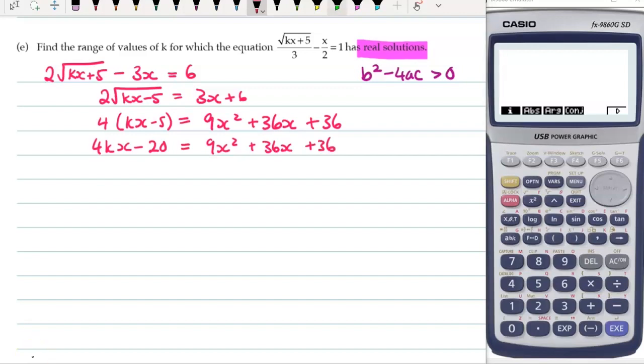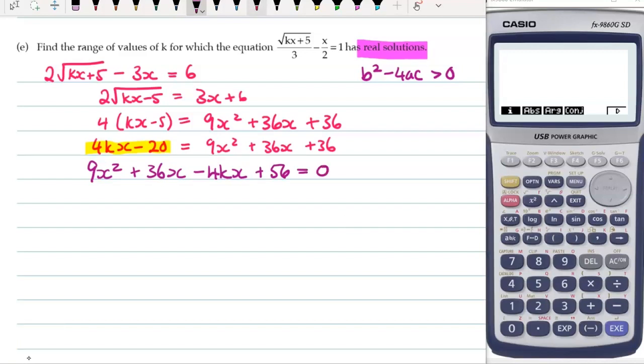And the final step, I'm going to take this piece and take it over to the right hand side so that we have a more normal looking quadratic. So we'll have 9x squared plus 36x take off 4kx plus 36 plus 20 will be plus 56.